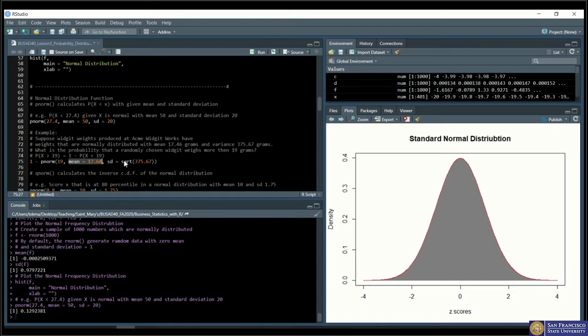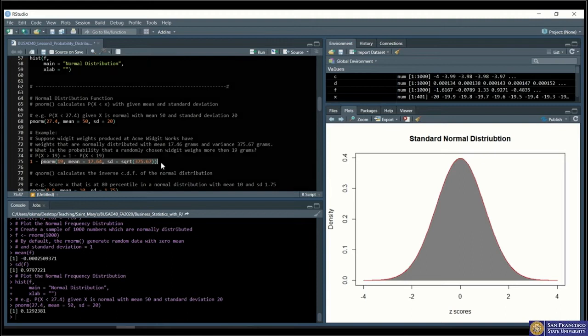But because we're given the variance instead of the standard deviation, we take the square root of the variance to get the standard deviation. And we're going to use 1 minus the probability on the left-hand side. So let's see what we get.